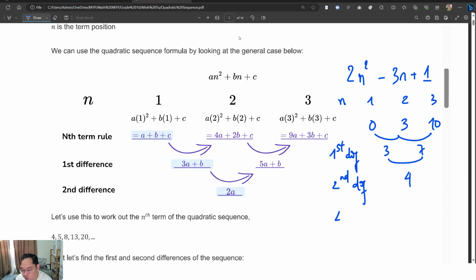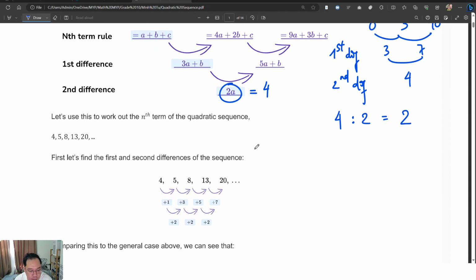Then we take that value 4 and divide by 2, because 4 is equal to 2a, and therefore we get the value 2, which is the first coefficient, the coefficient in front of the second order n squared. Okay, so that is the first step. Similarly, to find the other coefficients b and c, we move on to the next step.